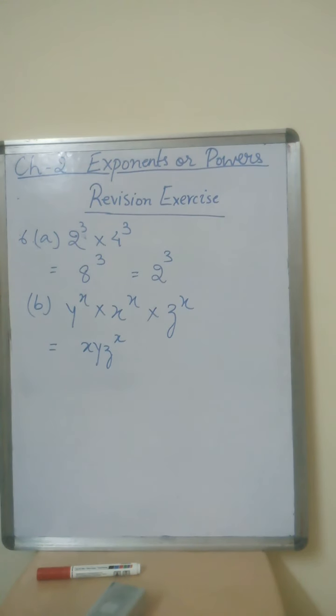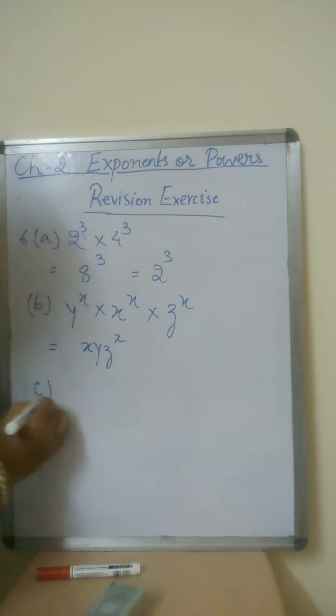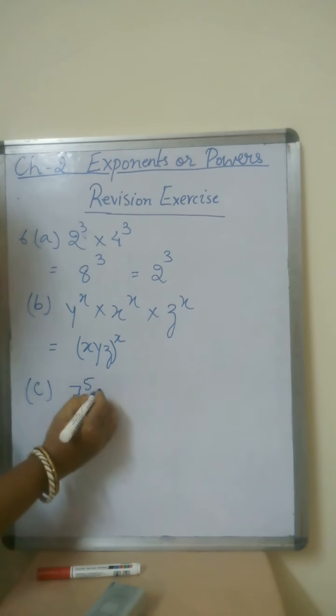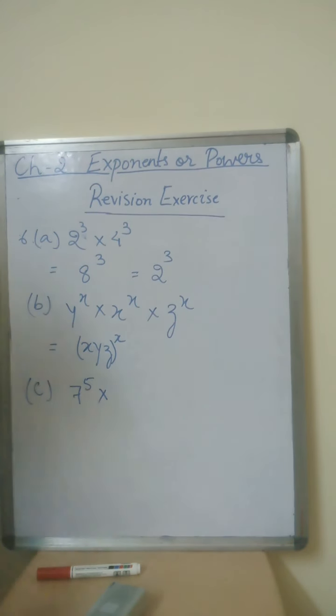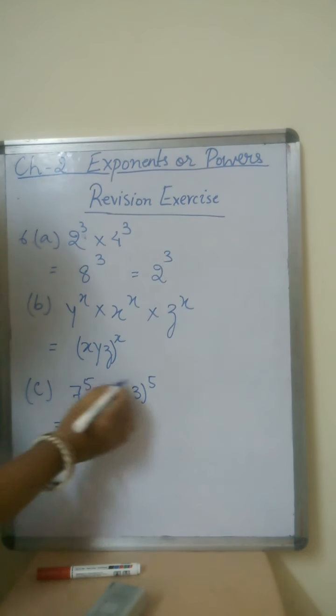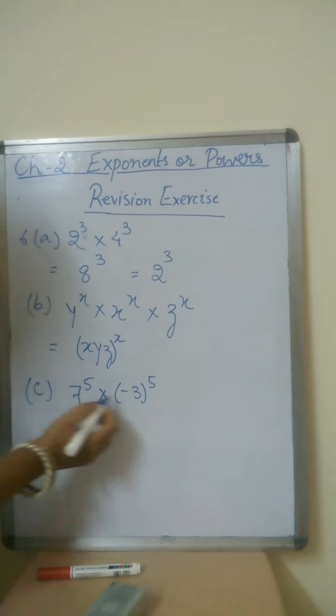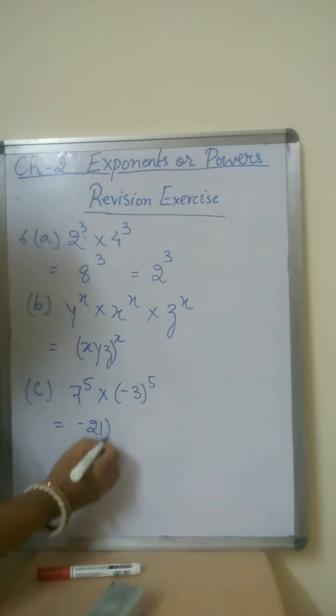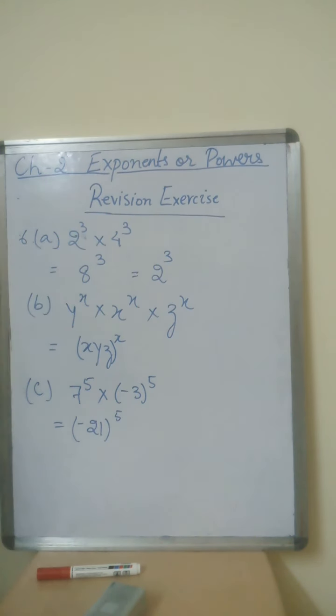Okay, so next we come to question number C. What is there in question number C? Question number C is 7 to the power 5 into minus 3 to the power 5. Okay, so here 5 and 5 is common, right? 7 threes are 21 and 3 is having a minus, so minus 21 to the power 5. Okay, so this is your question number 6.